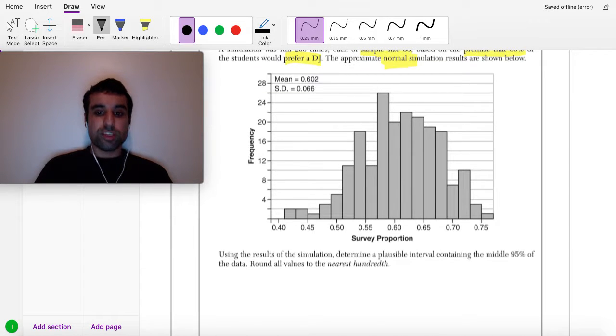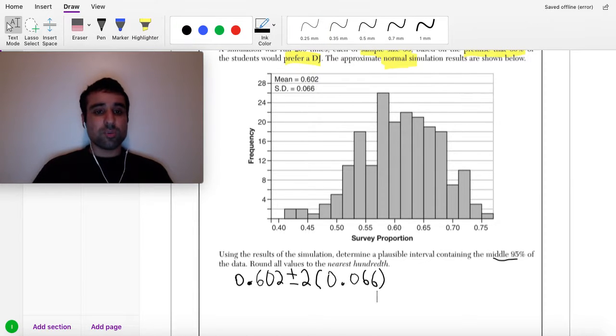Using the results of the simulation, determine a plausible interval containing the middle 95% of the data. So guys, 95% interval is always the mean, which is 0.602, plus and minus 2 standard deviations, which in this case is 0.066. And then they said to round to the nearest hundredth.